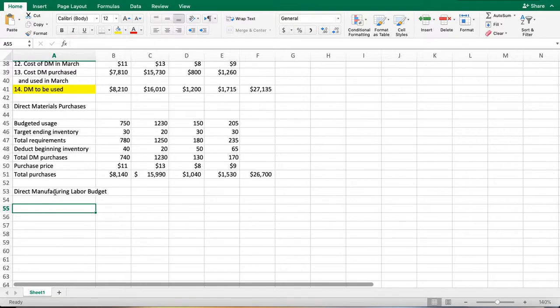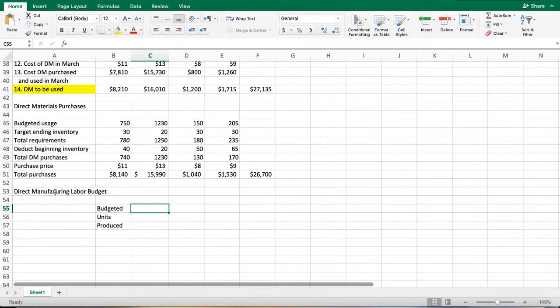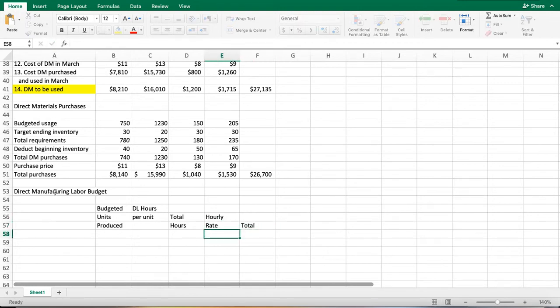And so you still have your budgeted units produced, and we need our direct labor hours per unit. We have our total hours then, and then we have an hourly rate, which is given to us. And then we have our total direct labor budget.